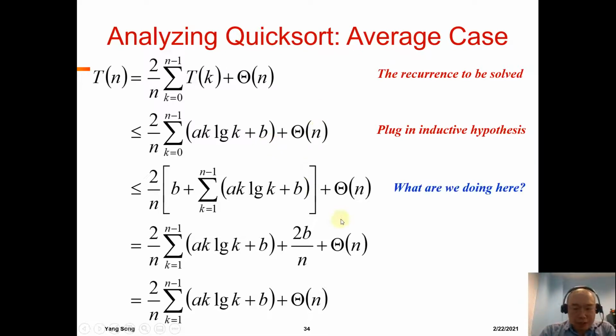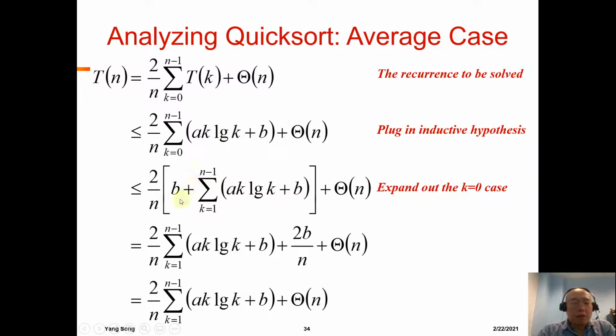And after that, what are we doing here? Well, we are trying to get rid of the k equals 0 case, because you see this sigma starts from 0, and now we have the sigma starting k from 1. Why? Because when k is 0, this term will be 0, so that is actually a B itself.